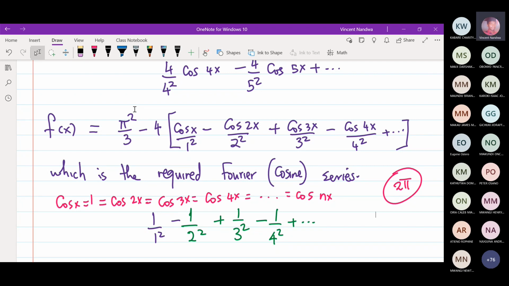At the end of the day, I'll have to fix that value in this function, and it must be in the domain of definition. Remember, this function was defined for minus pi to pi, so I try as much as possible to confine myself within the domain of the function.